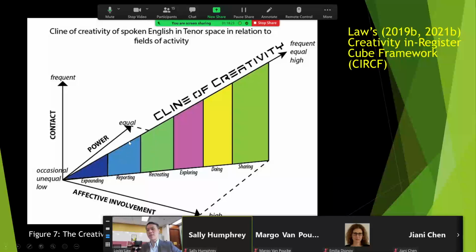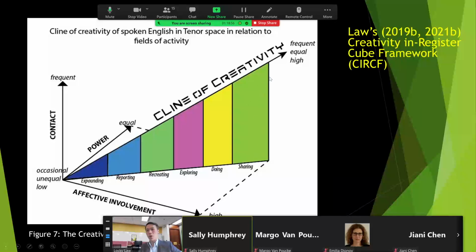And under the cloud of creativity, if we want, we can plot these rainbow colors, which represent Matthiessen's registerial cartography. For example, from this particular data, we can see that sharing has the largest percentage under the cloud of creativity, which means most instances are about sharing.